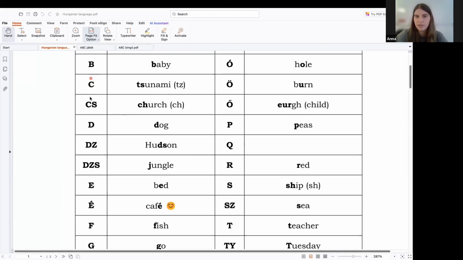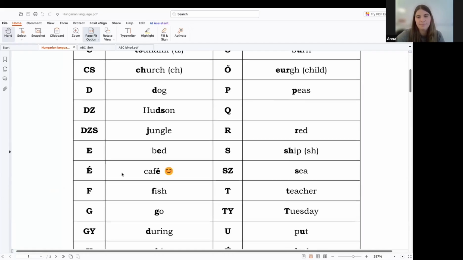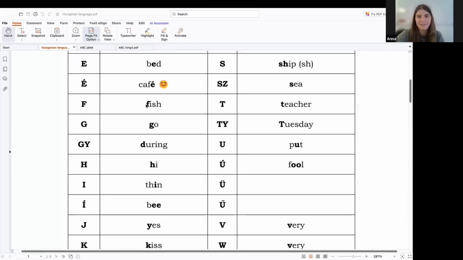Again, t, ch, sh, s. Can you try it? Okay, t, ch, sh, s. I know it's a lot, very easy to mix up. You will probably mix it up for a little while, but then I swear it does get easier.